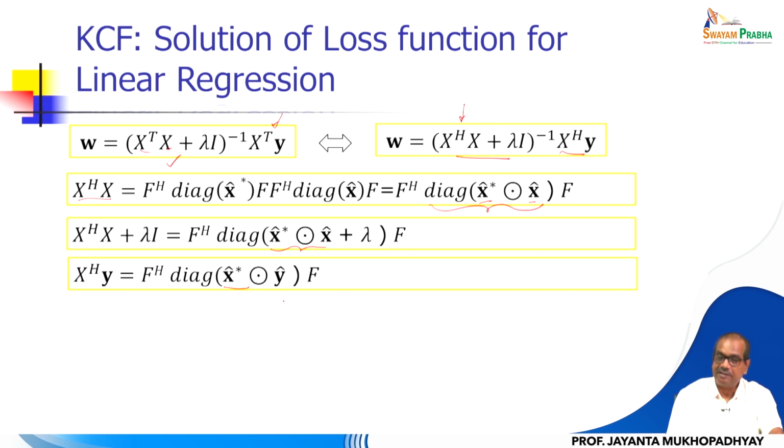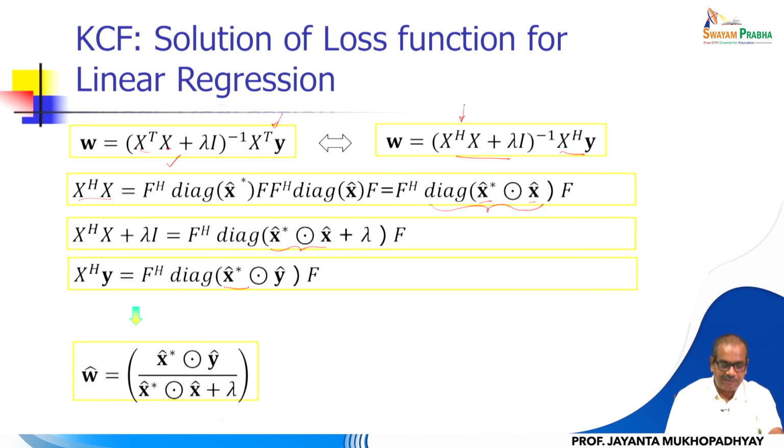This inversion operation, when you perform it in the transform domain, we write in this form. Actually, it is a pointwise division. You should note that this is pointwise. So this is how the coefficients of that linear combination, or the filter weights, are computed in the Fourier domain. You have to take the inverse DFT to get the actual filter coefficients.